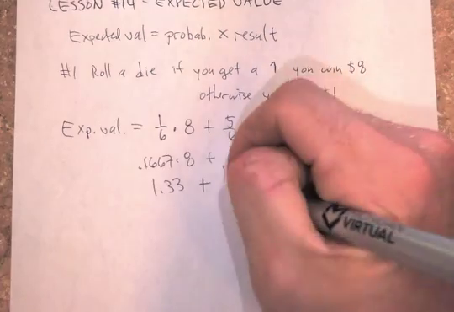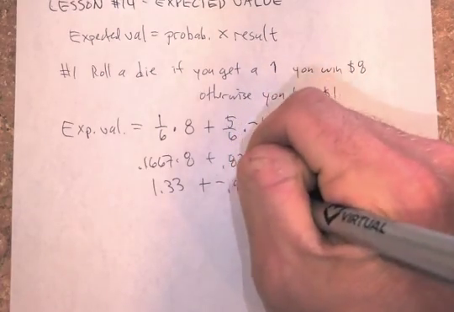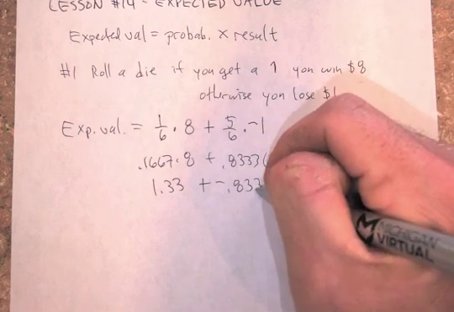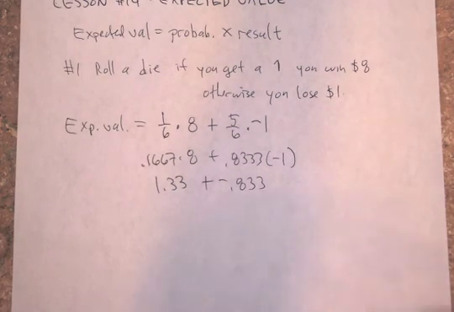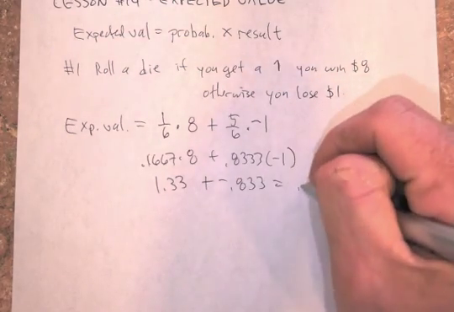Okay, that's obviously -0.833. I'm rounding to the nearest hundredth now. Add those together, and actually subtract them, 1.33 minus 0.833. Okay, 0.497. Okay, what's that mean?